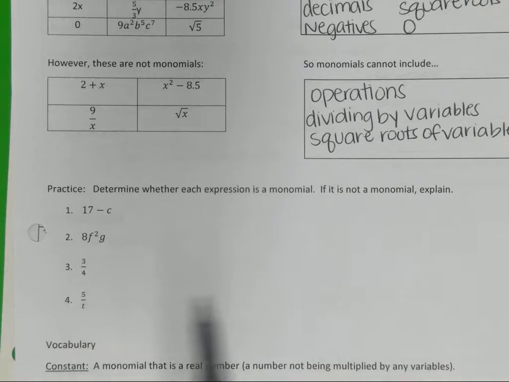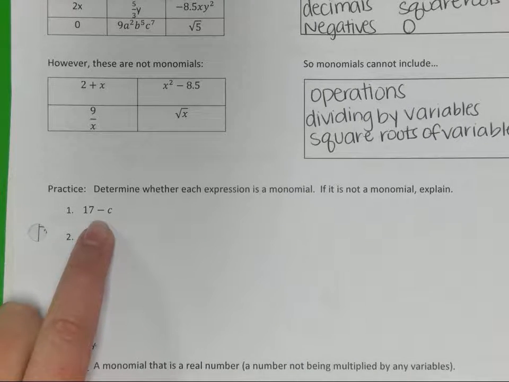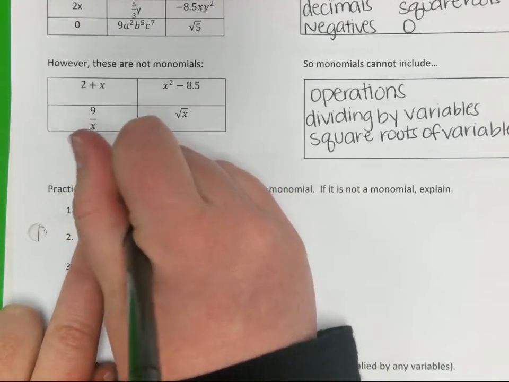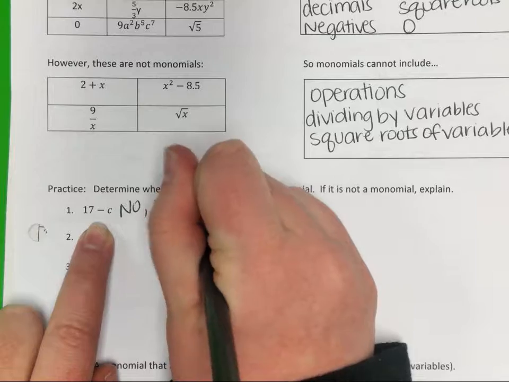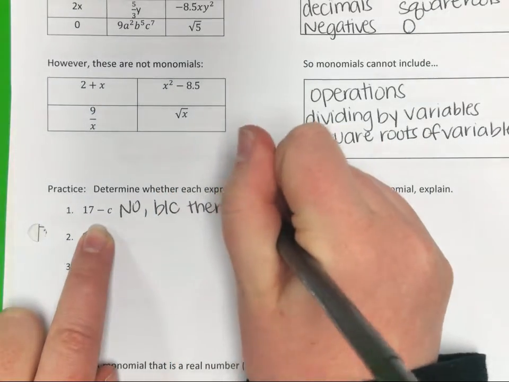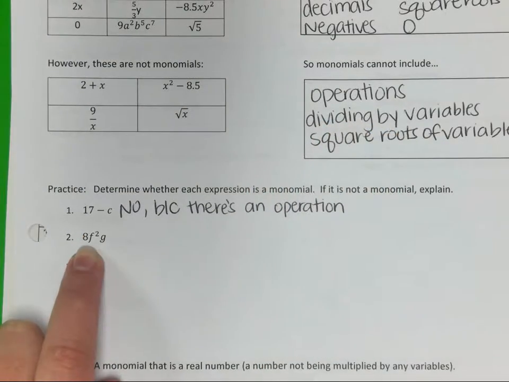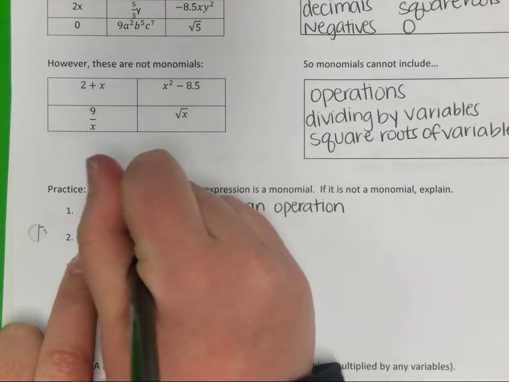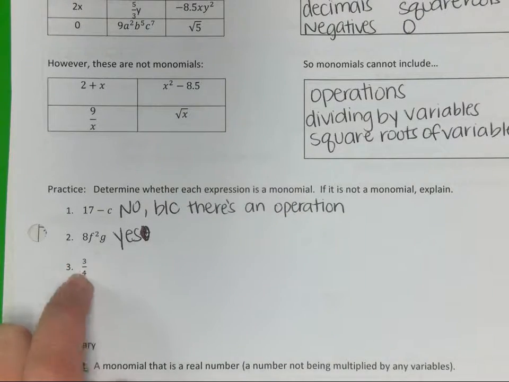So with our practice, you guys are going to tell me whether or not it's a monomial. So 17 minus c? No. Why? Because there's an operation, or you can say because it's subtracting. 8f squared g. Yes. 3/4.